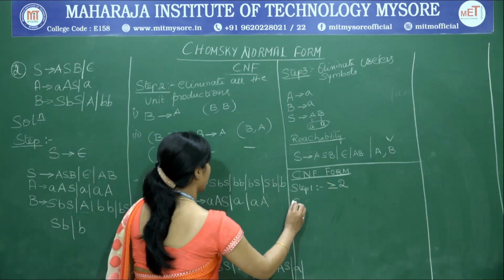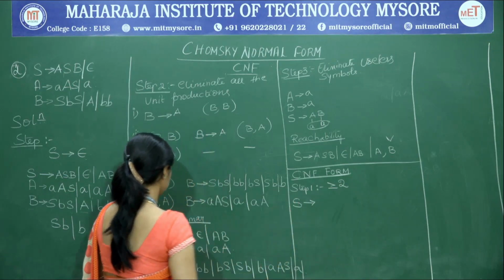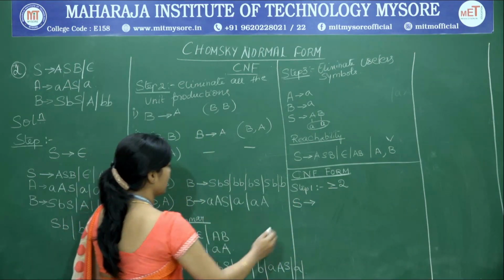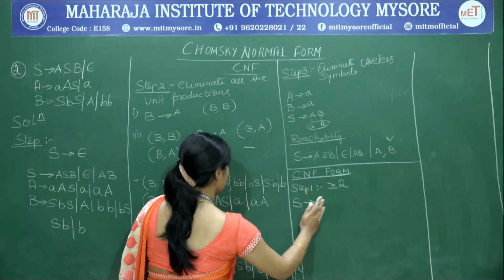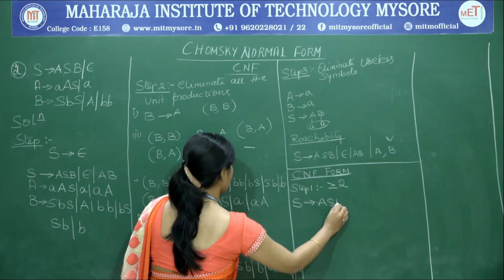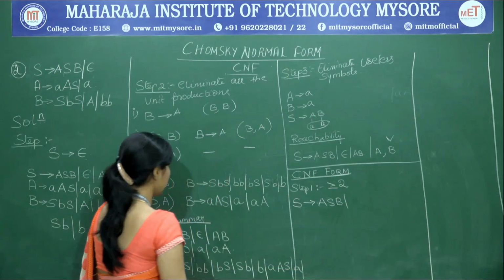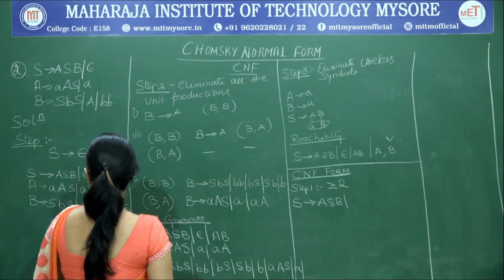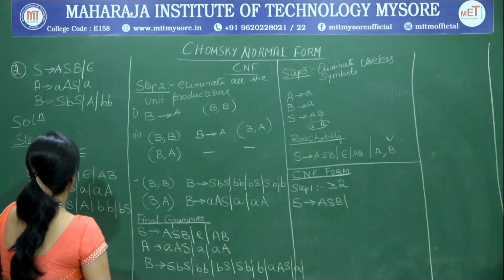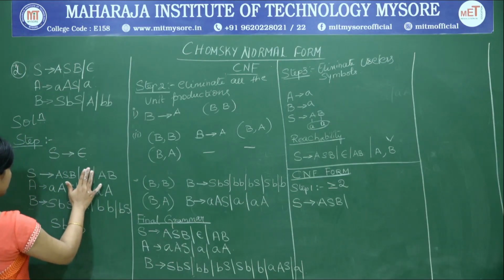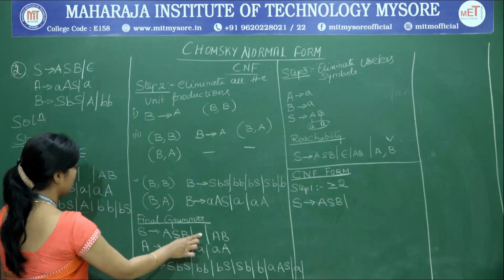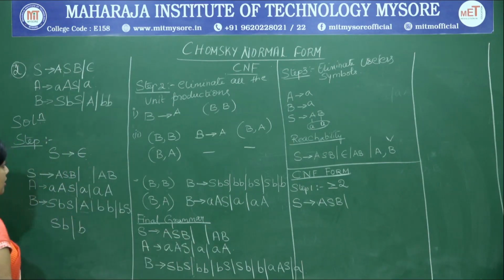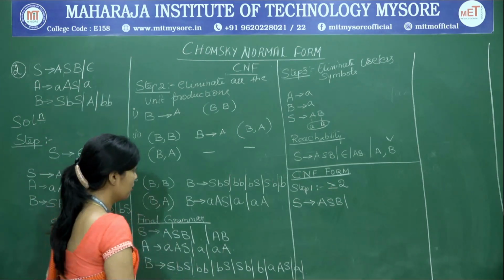So we are going to take S goes to ASB. It does not have any terminal, so we will keep it as it is. And here I think I have missed and written the epsilon production, which will not remain in the grammar. So that production has to be removed.